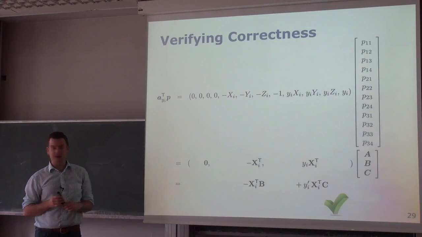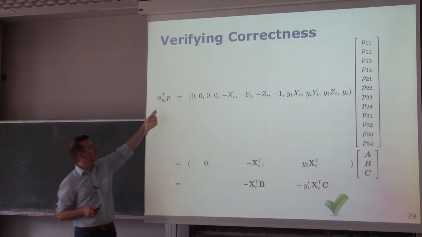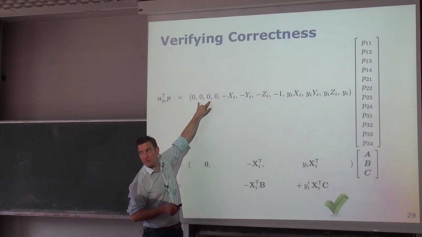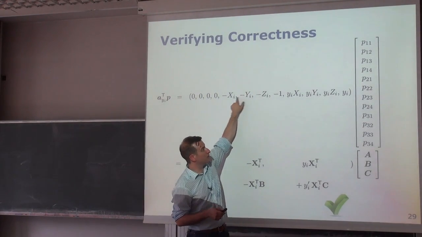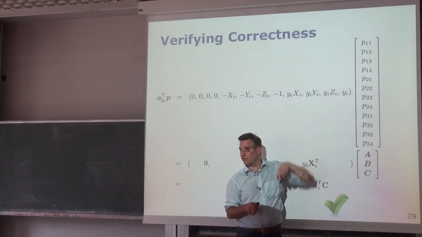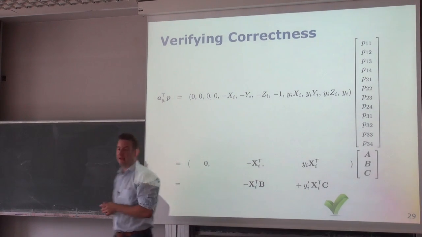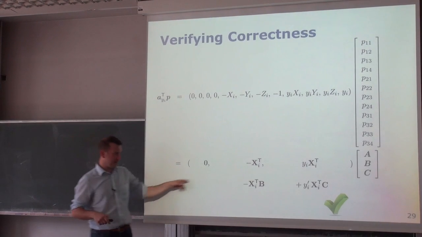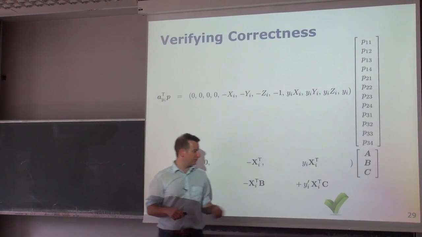Okay, and we can do now exactly the same thing in exactly the same way for y. Then we don't have the coordinates of the point here as we had it before for x. It just moves over here, and we have the y coordinates over here. That's how we define the vector a, y, and the rest happens completely in the same way. And we get the same system of linear equations.